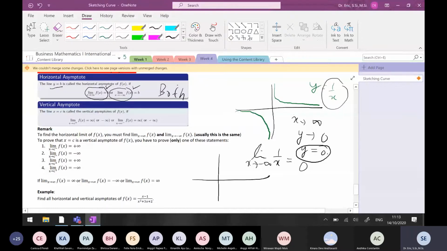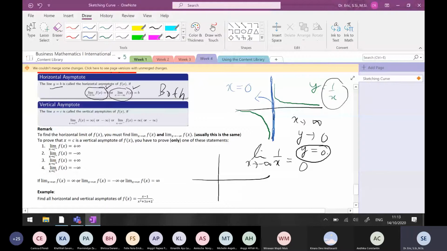The vertical asymptote is like this. This one is the vertical asymptote. What is this when y equals 1 over x? This is when x equals 0.